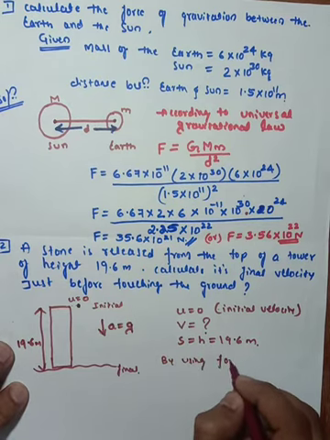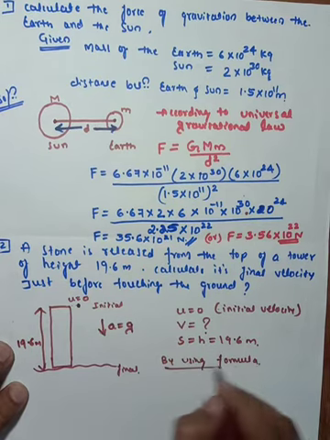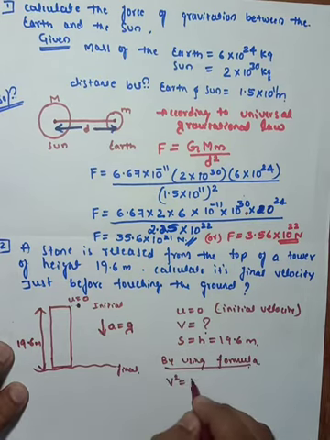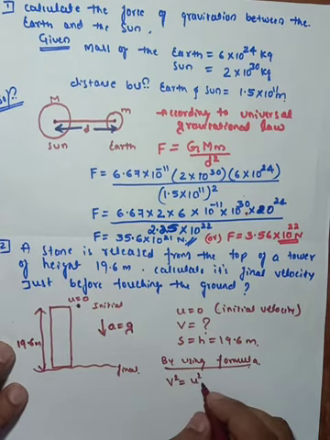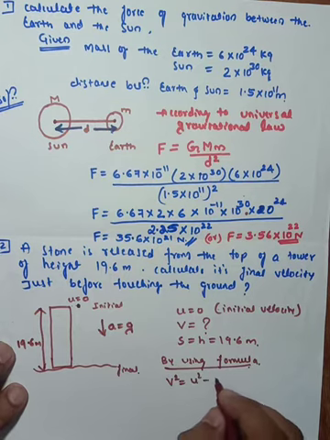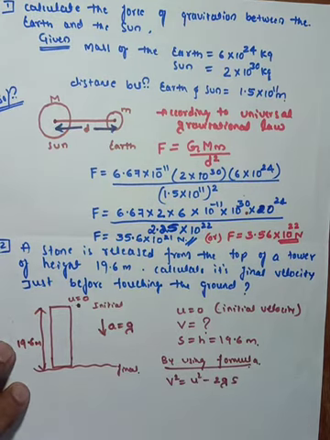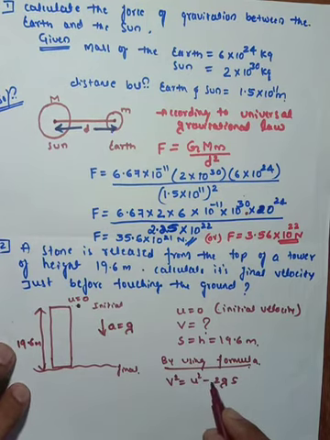So the formula is v square equals u square minus 2 g s. Or you can write it in other words, plus or minus, that depends on gravity.